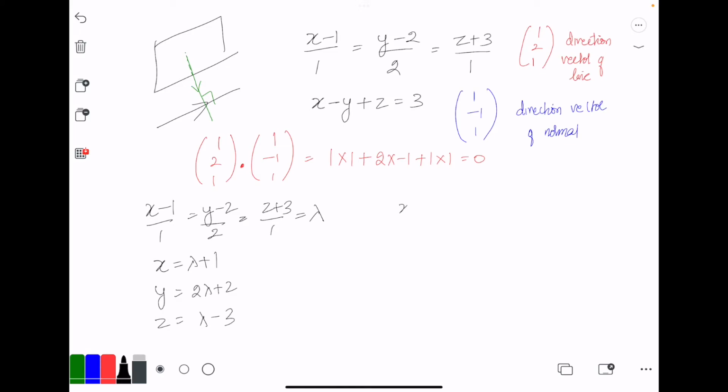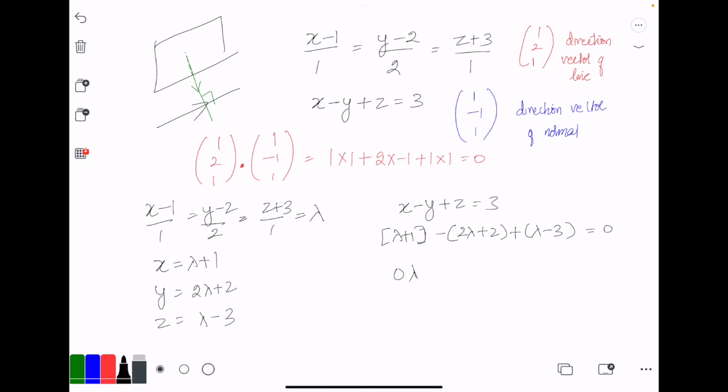We substitute this in the equation of the plane. So we get lambda plus 1 minus 2 lambda plus 2 plus lambda minus 3 equal to 0. Here we see an interesting scenario. The lambda vanishes.